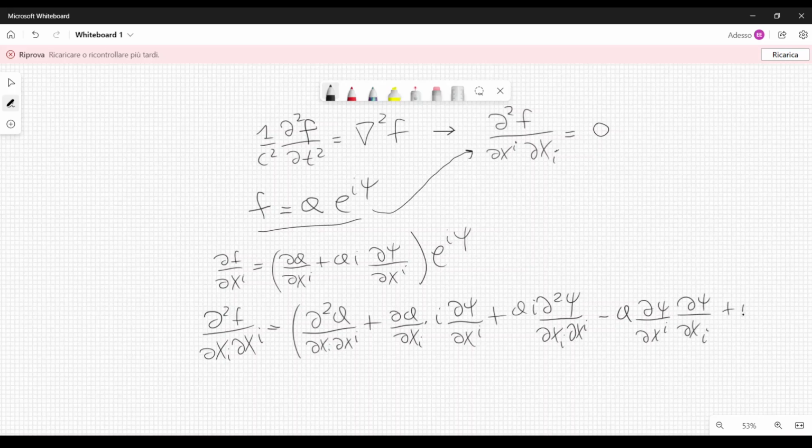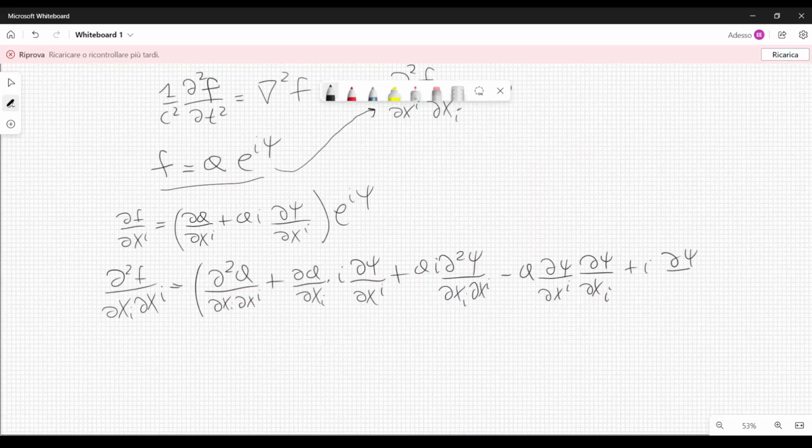We also have plus i dpsi/dx^i dA/dx_i, and this multiplies e to the i psi, and we know that all of this should be equal to 0.